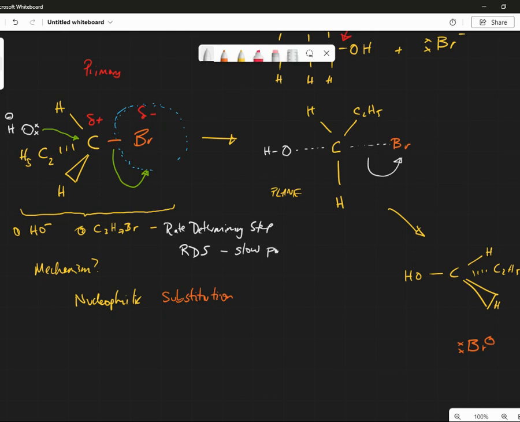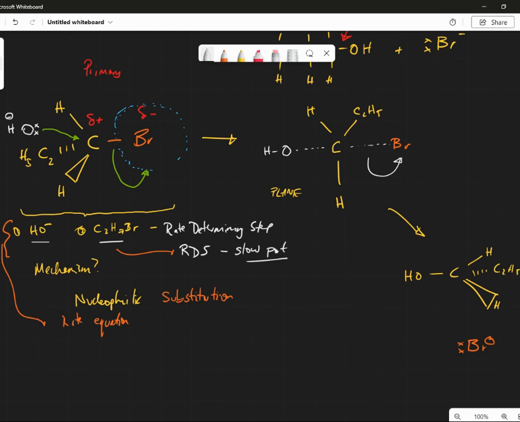Now, how many things are in the slow part? There's an OH minus and a C3H7Br. So these two things, because this is the slow part of the reaction, they're involved in the rate determining step. And that means they must appear in something we call the rate equation. Does that make sense?